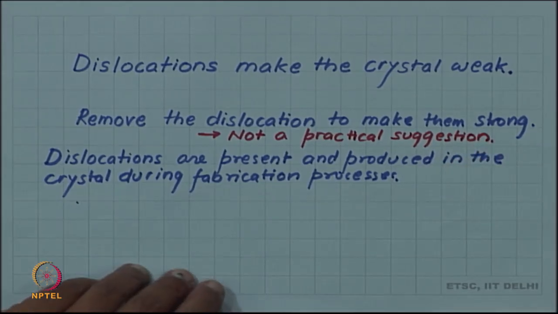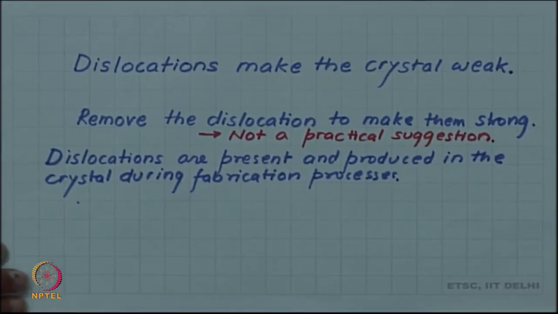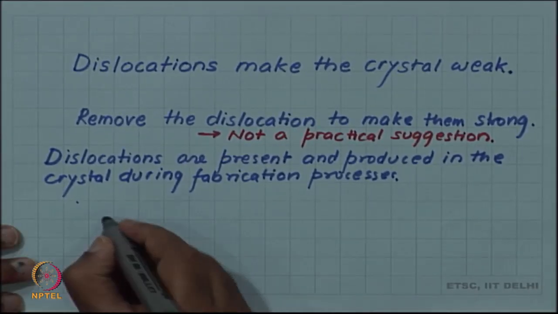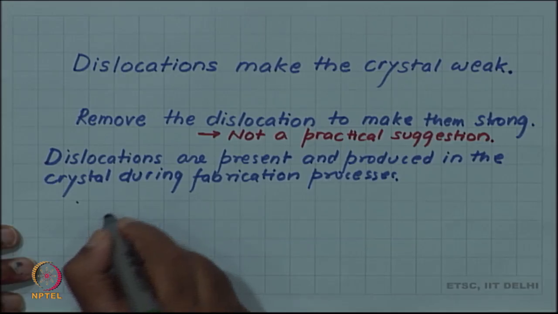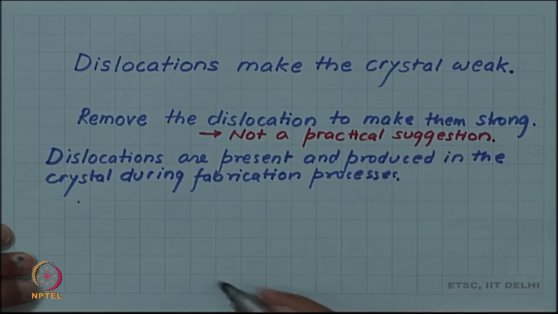So, if we have to live with dislocations, how can we make the crystal stronger? For that, the other alternative is this: the plastic deformation is happening because of the motion of dislocation.